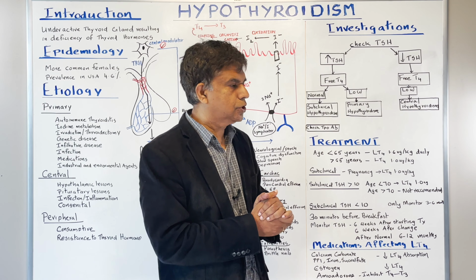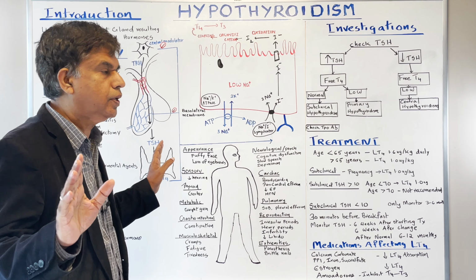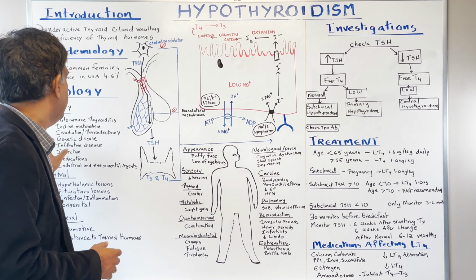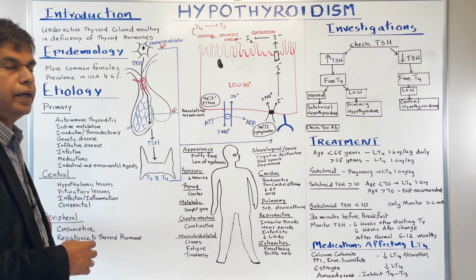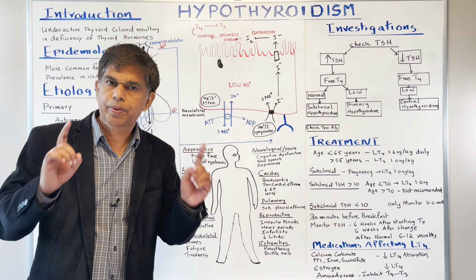Remember that. So just in a nutshell, let's go back and look at our board one more time to make sure we know this. Hypothyroidism is most common in females, okay? Then you've got all these causes, you've got the primary and the central, and you look at the peripheral causes, and this can affect any part of the body.